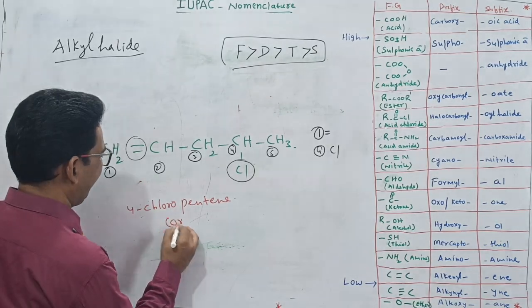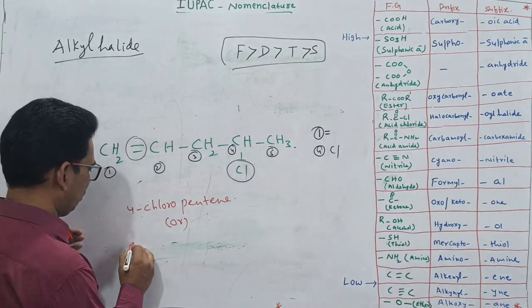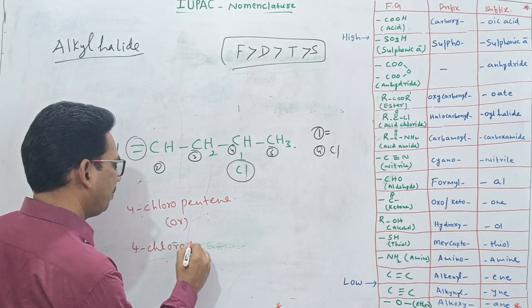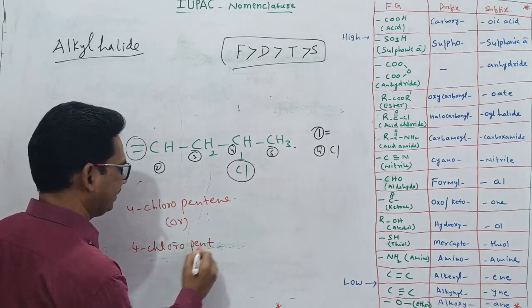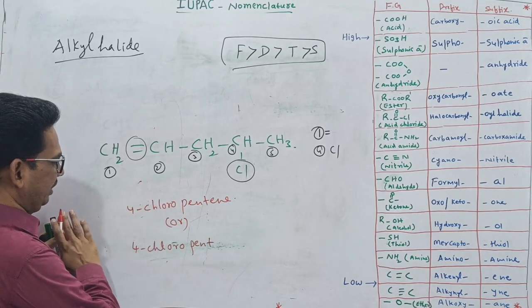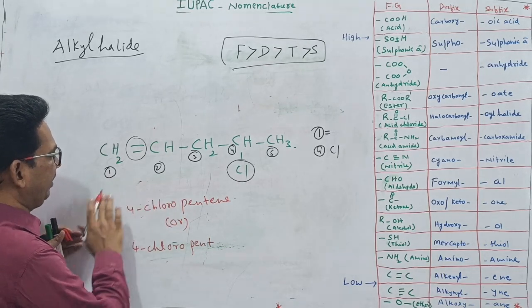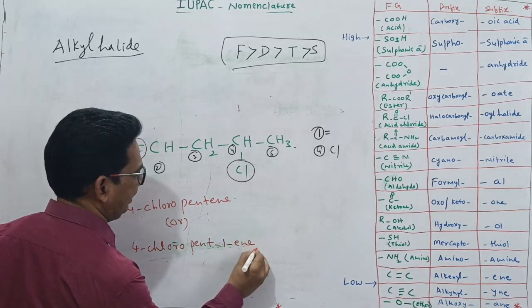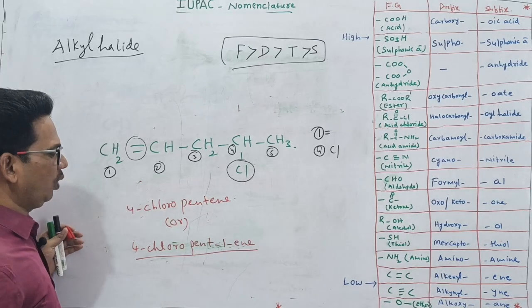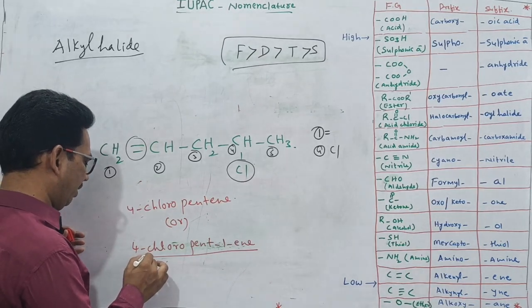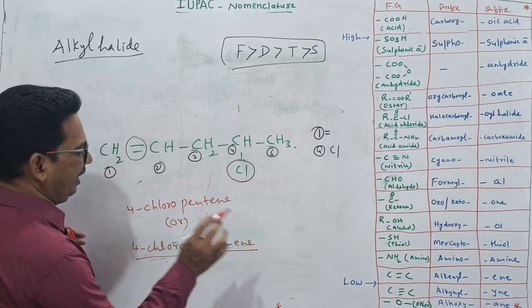Or we can write: fourth position chloro, 4-chloro pent. Which position is the double bond? First position, pent-1-ene. 4-chloro pent-1-ene.